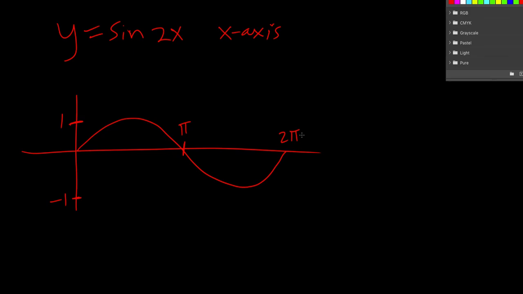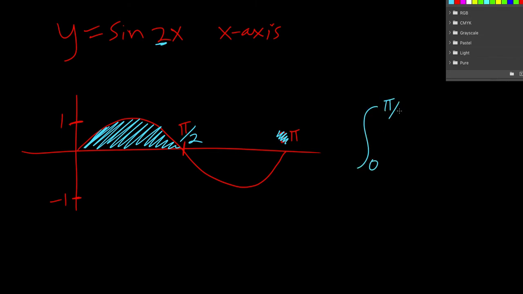Now what the 2 is going to do is, since it's on the inside, it's counterintuitive, and since it's multiplying, when we look at it on the graph, it's actually dividing, and so if we divide that by 2, it's just pi halves. So the first arc is just here, and so we can set up our integral from 0 to pi halves of sine of 2x dx.